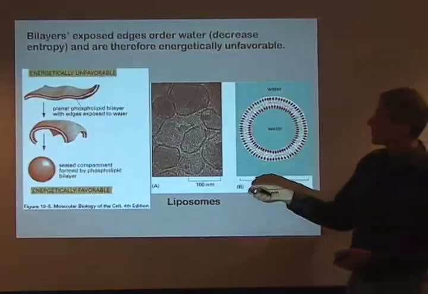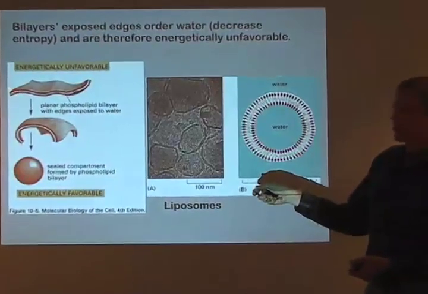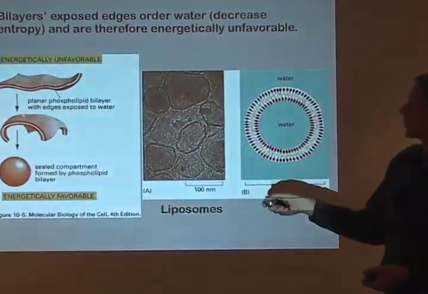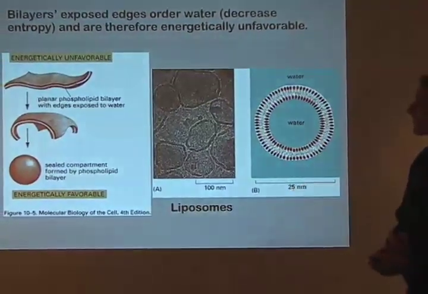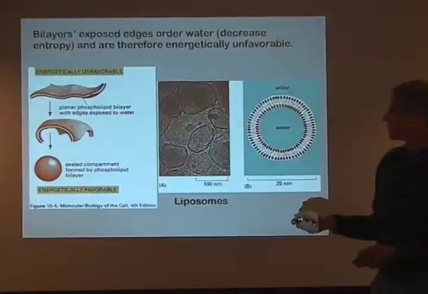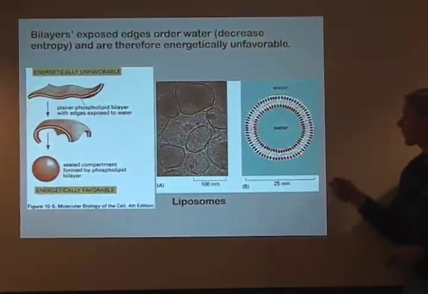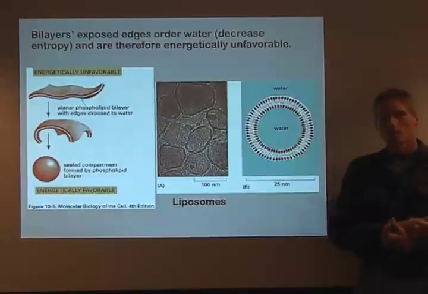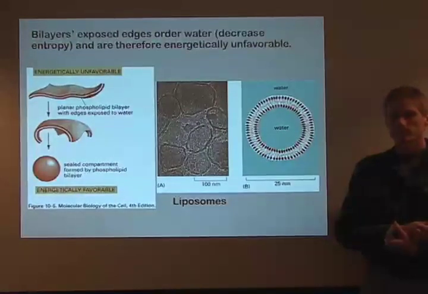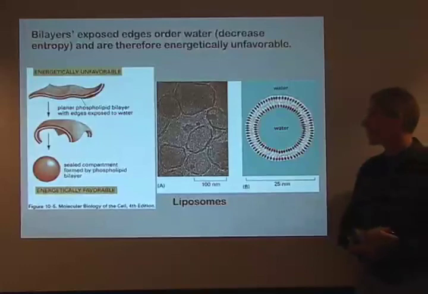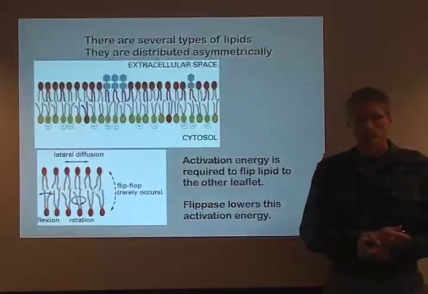So the exposed edges order water, decrease entropy, and therefore are unstable. So that's why we have membranes that form liposomes. So those are the energetic requirements for membrane formation.